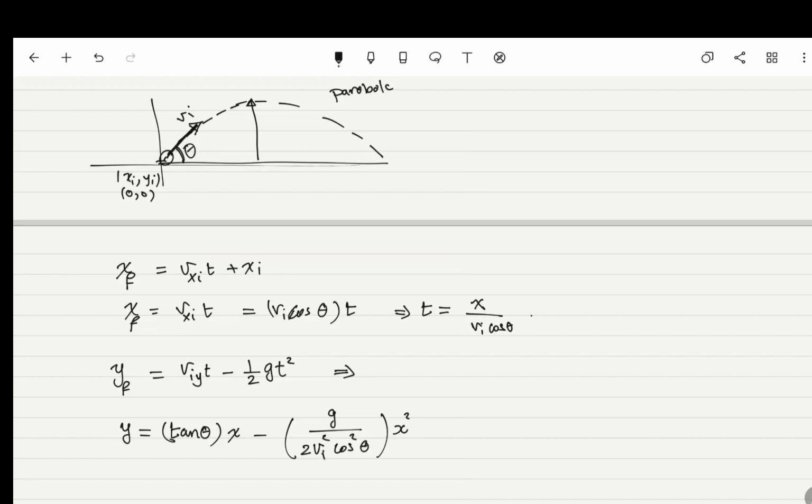If we look deeply into this equation, it's similar to the general formula for the parabola, y equals ax minus bx square. So the trajectory is a parabolic path.